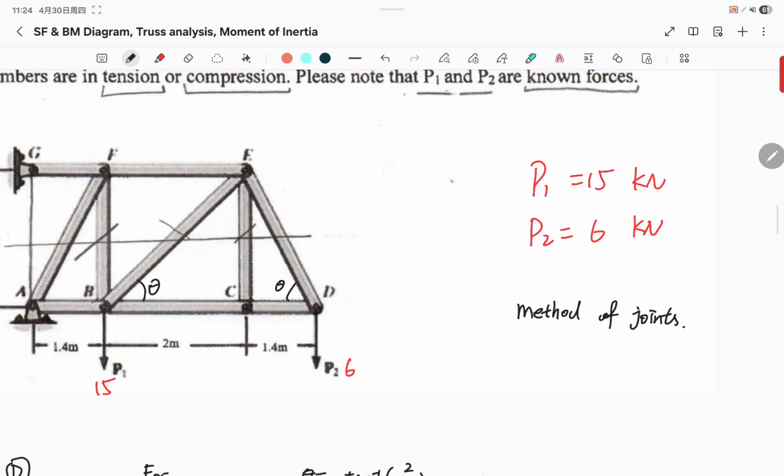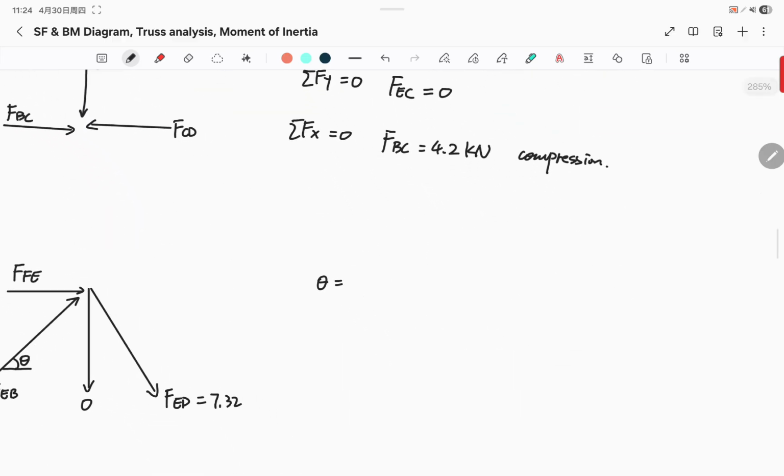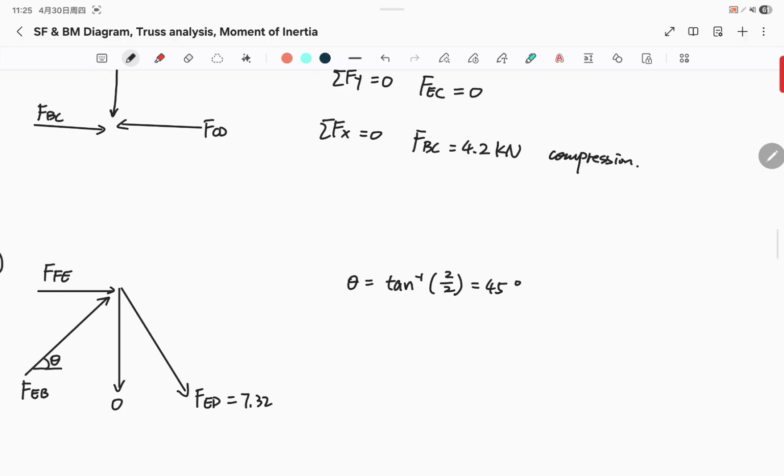This is this side divided by this side using inverse tan. 2 over 2, that's 45 degrees. And we also gonna need this angle, gonna call it phi.